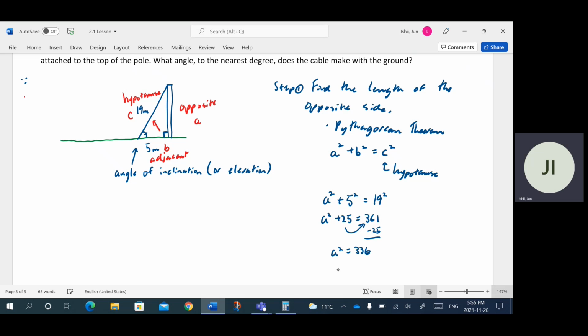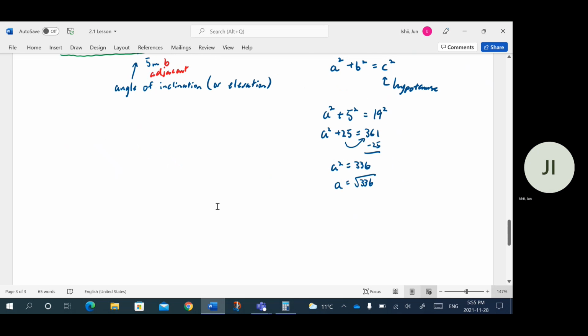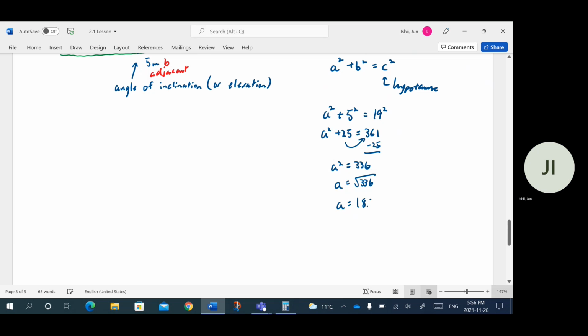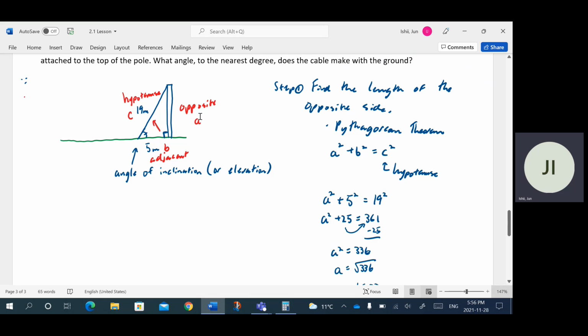And therefore, a is going to equal, so the opposite of squaring is the square root, the square root of 336. I'm going to round that to 18.33. So as it turns out, that's our first step here. This length here is 18.33.